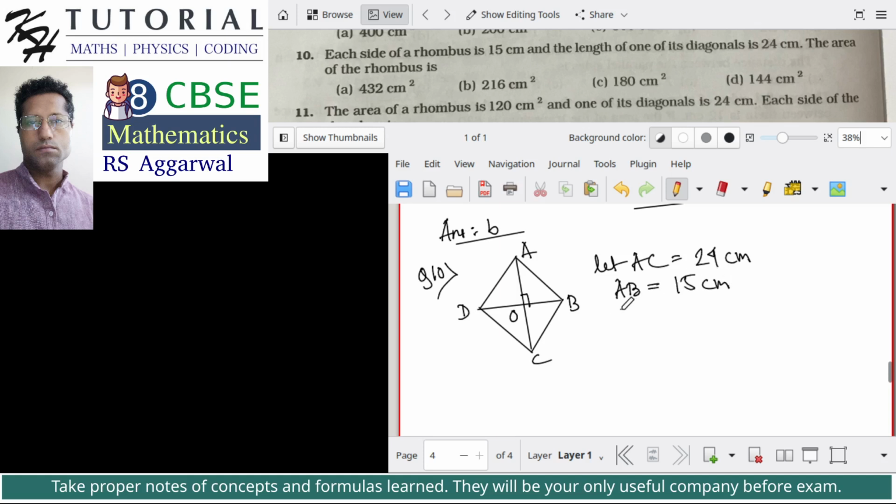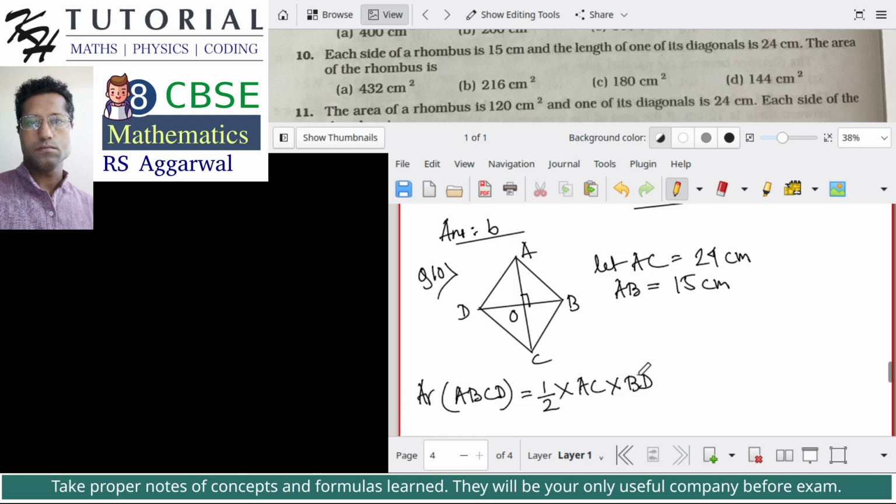Now the area of a rhombus is half multiplied by the product of the diagonals. So the area of the rhombus ABCD is half multiplied by the product of the diagonals, that is AC multiplied by BD.